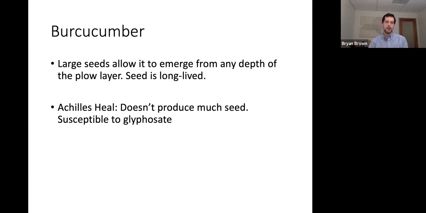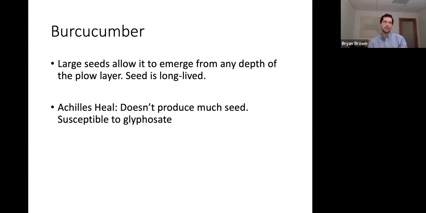So, though it doesn't produce many seeds, you're not going to be dealing with the thousands and thousands of them emerging like you would after a bad year with pigweed or lambsquarters. Those that do emerge are more likely to be successful, so they're harder to control. But there are less of them, so there's going to be one here, one there, and just sporadic.